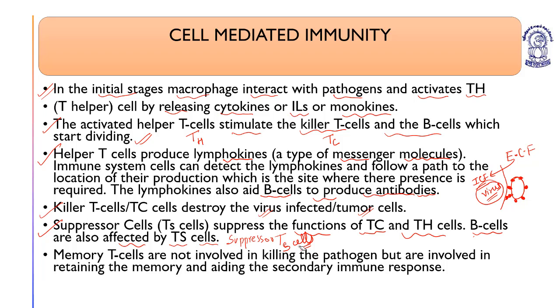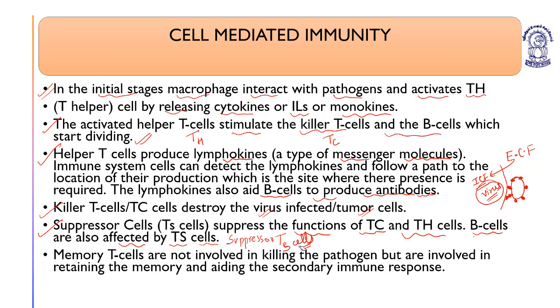Understood? So these are the different functions of cytotoxic T cells, T helper cells, T suppressor cells, and memory T cells. Suppressor T cells, also known as regulatory T cells or TR, help to suppress the function of cytotoxic T cells and T helper cells and also maintain the activity of B cells. Understood?